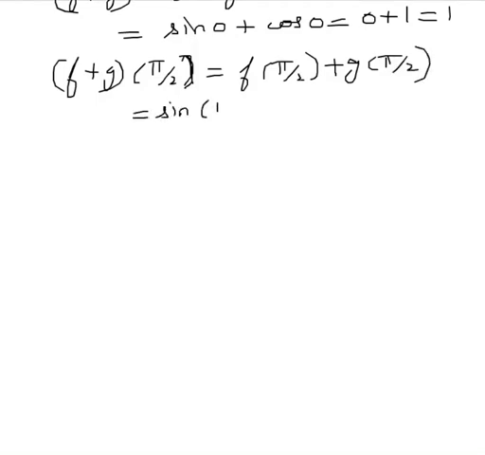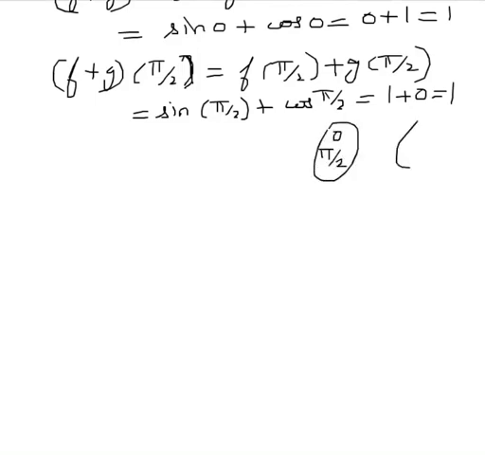Sin pi by 2 plus cos pi by 2. Sin pi by 2 is 1, cos pi by 2 is 0. The answer is 1. So for two different values, we get the same answer 1. That means it is not a 1-1 function. Therefore, f plus g is not 1-1.